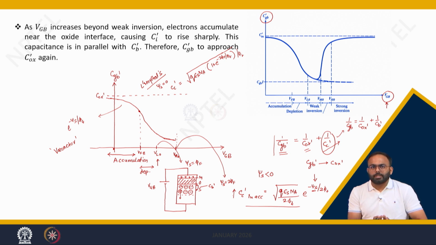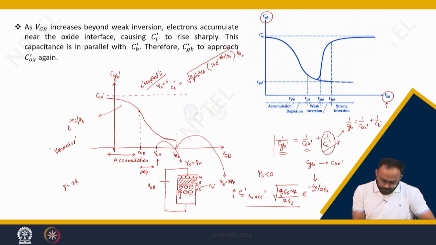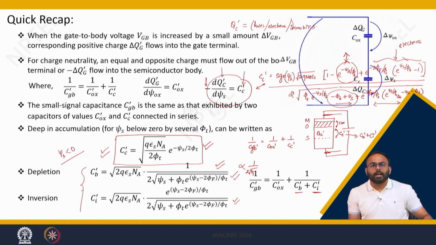But what will happen just after 2 phi f? The surface potential becomes 2 phi f. So, the inversion charge has an exponential dependency. If the inversion charge has exponential dependency, we have seen that Ci dash also has an exponential dependency on surface potential.